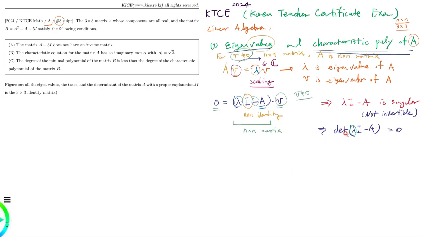So we say the determinant of lambda times I minus A is a polynomial of the variable lambda, and we call this polynomial the characteristic polynomial of the matrix A. Okay, so let me wrap up the relationship between eigenvalues and the characteristic polynomial.